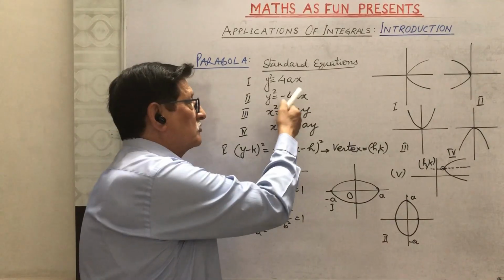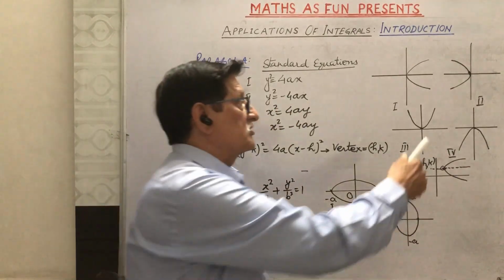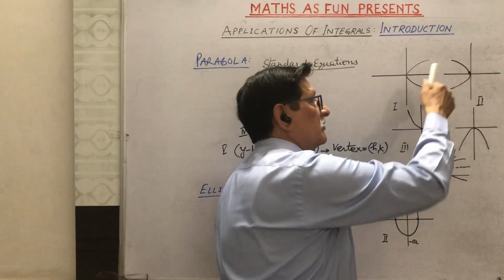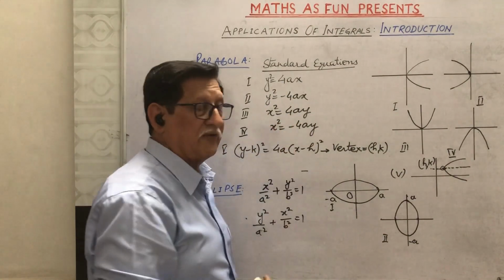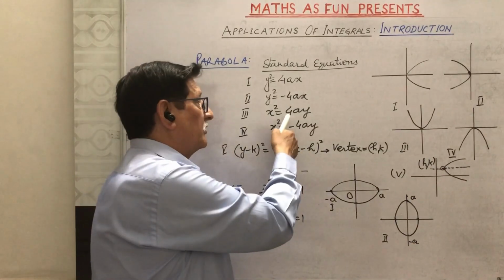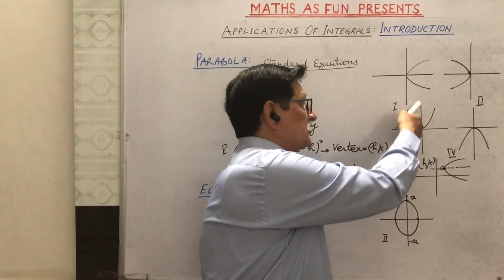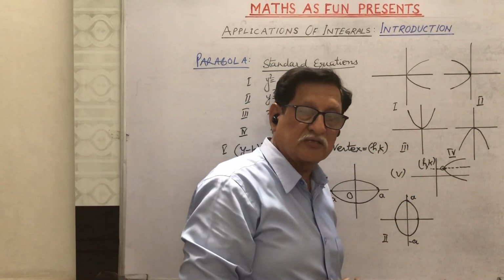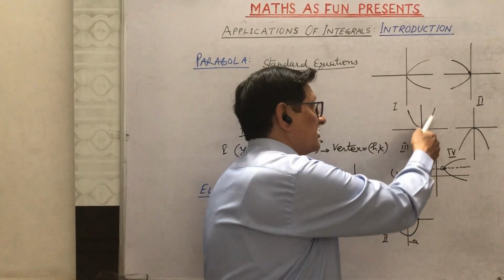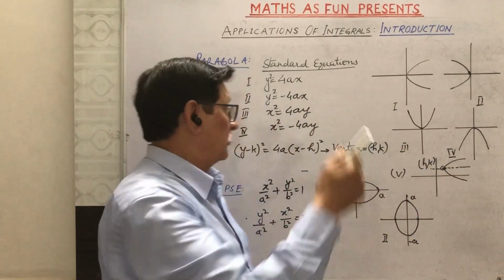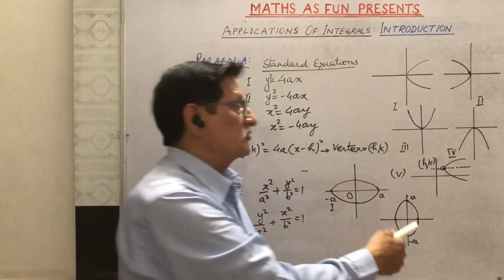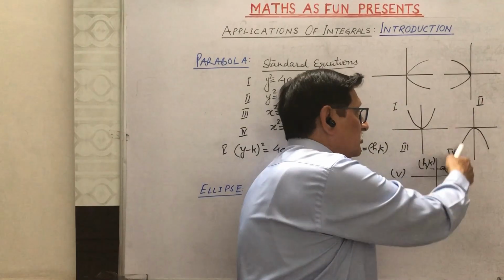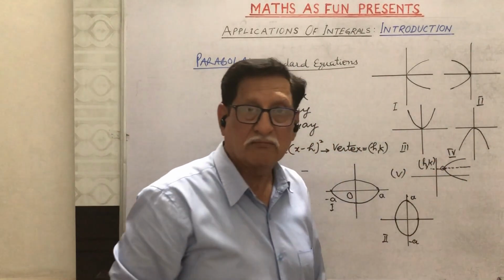Second is y square is equal to minus 4ax, in which the parabola comes to the negative side of the x-axis. Third is x square is equal to 4ay. In this we find that the focus goes onto the positive side of the y-axis. The fourth is x square is equal to minus 4ay. Here the focus comes on the negative side of the y-axis. So this is the parabola.